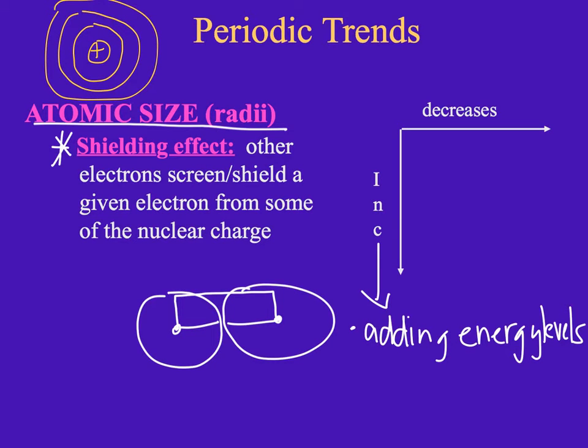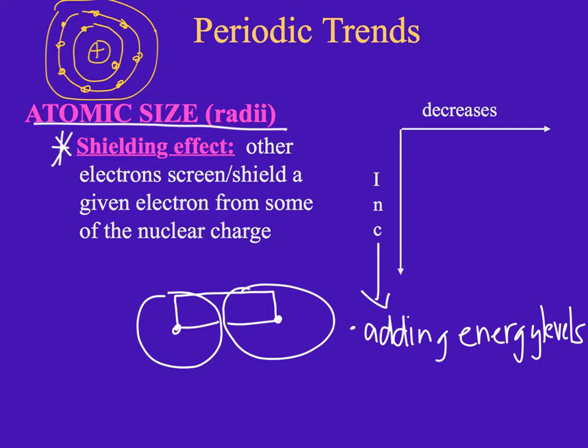Let's assume that I'm going to do an analogy to a concert. Right here, the nucleus is the stage. We can only fit 2 electrons in the first energy level. We can fit 8 in the second energy level: 1, 2, 3, 4, 5, 6, 7, 8.